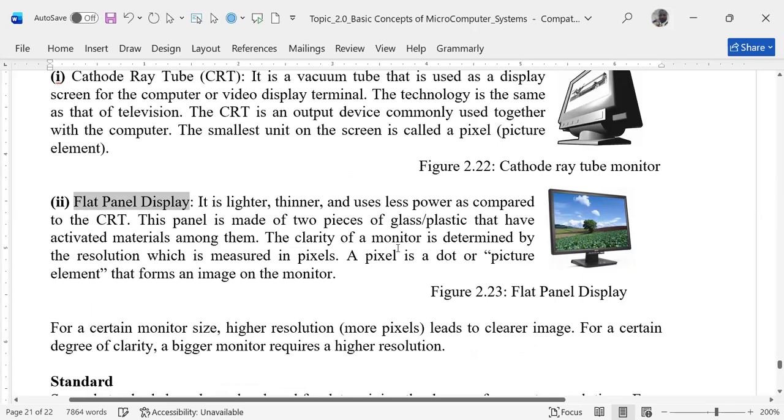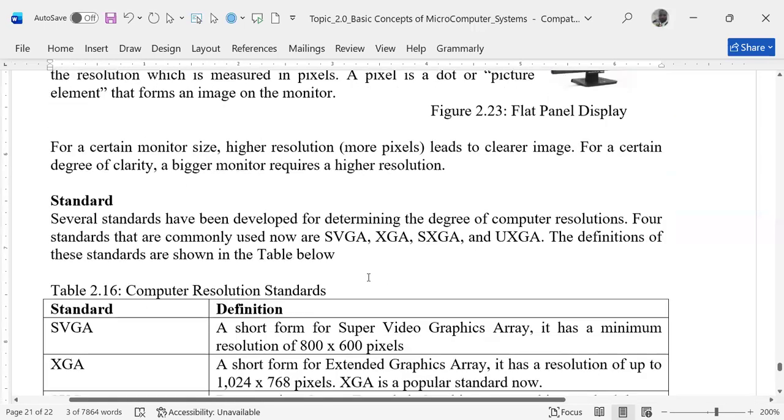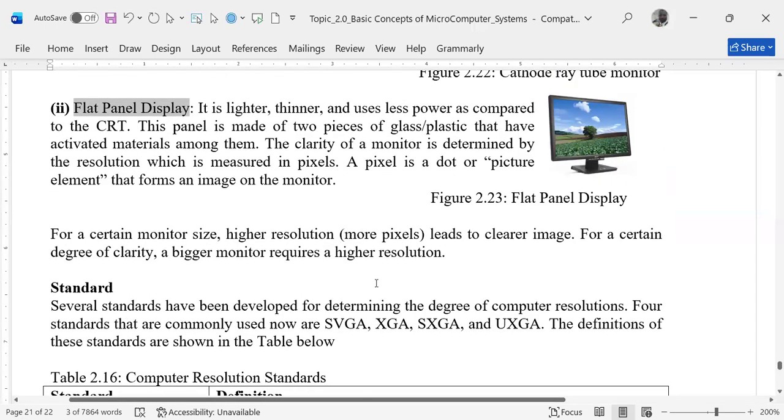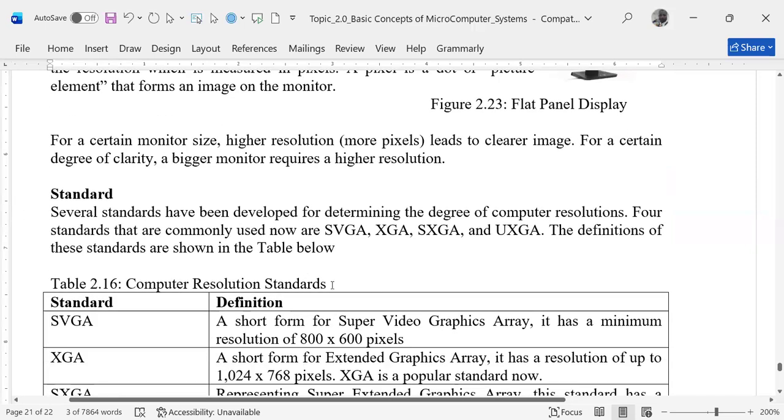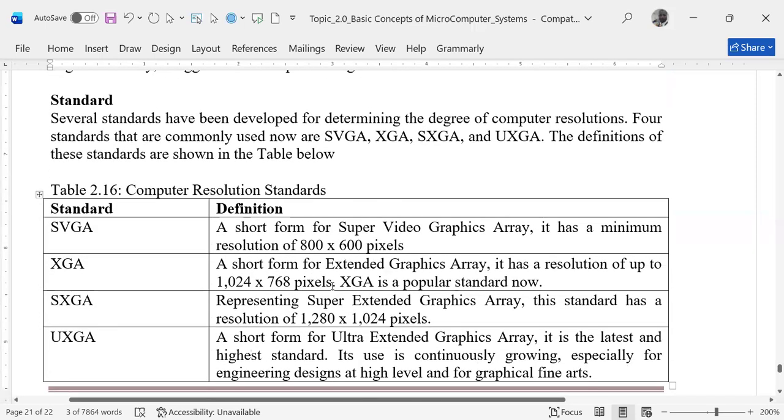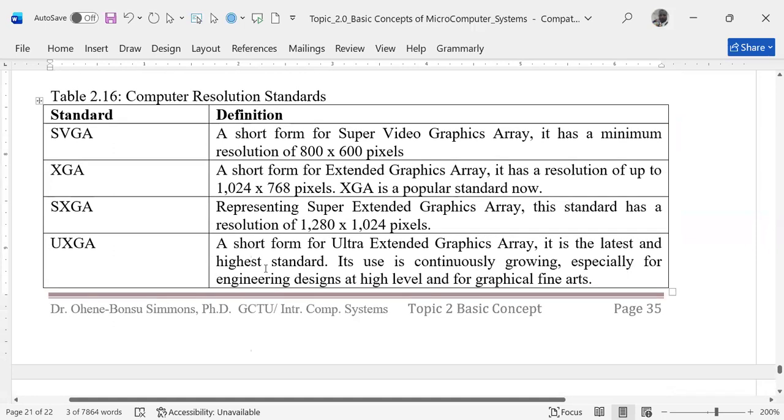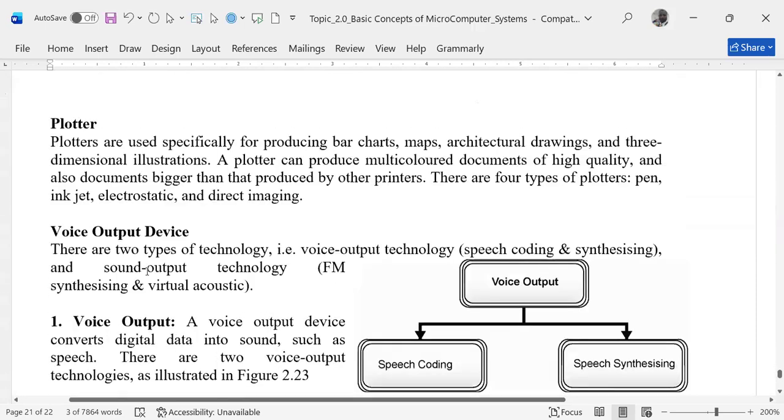The monitor is an output device that displays your work in a soft copy approach. We have different standards of this monitor technology, such as the super video graphics array, normally called SVGA, and so forth.